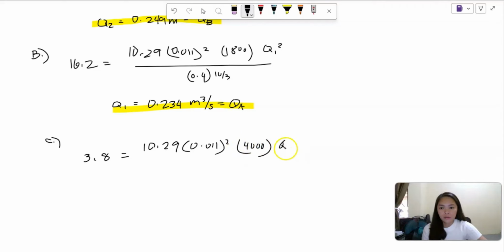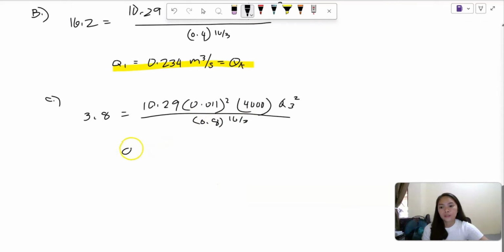Then Q sub 3 squared all over its diameter, which is 0.816 over 3. So shift solve again. The value for our Q sub 3 is equal to 0.482 cubic meters per second, or this is our Q sub C.